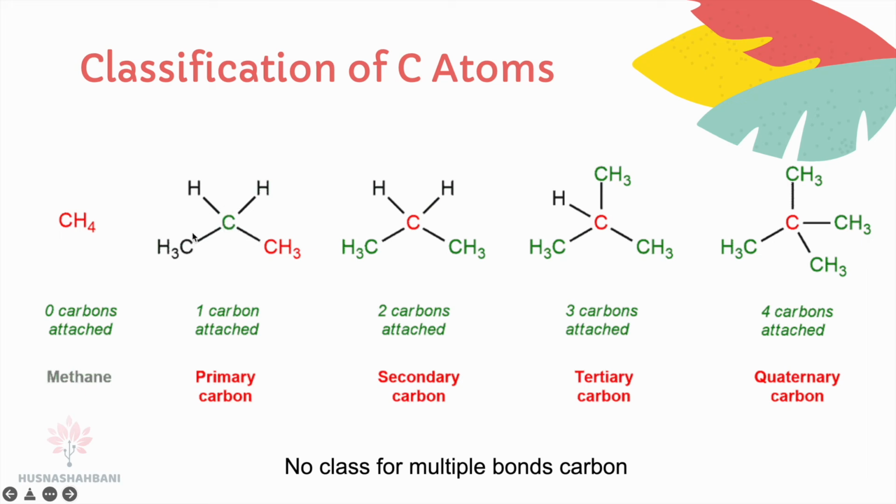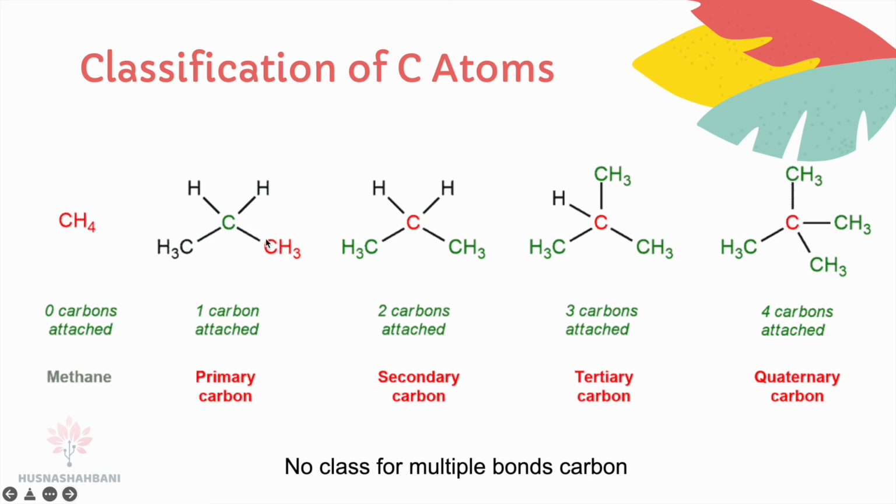And then next, we focus on this. You have propane, 3 carbon atoms in total, and we focus on the carbon in red. We want to classify this carbon. You have to count the number of carbon that is attached to this carbon.